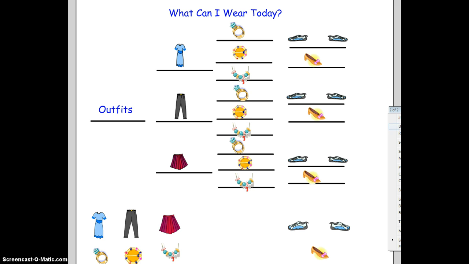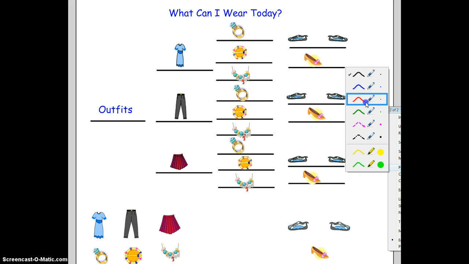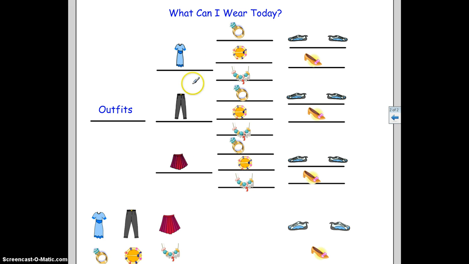Or I could do something really simple and I could just take note of how many choices I had for big articles of clothing, which was 3, and I could multiply that by how many options I had for jewelry, which was 1, 2, 3. I could wear my ring, my brooch, or my necklace.